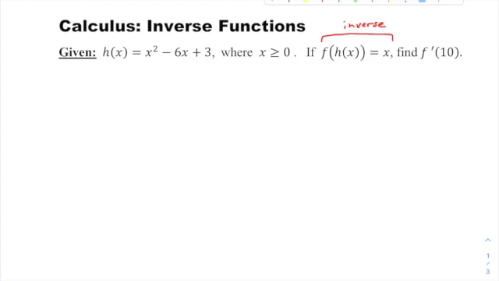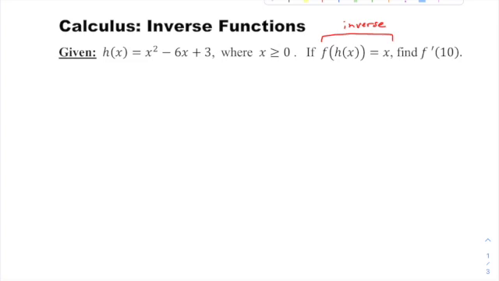The other thing is, well, what's the connection between derivatives of inverses? I'm looking for f's derivative at 10, and now I know that f is the inverse of this function. Well, one thing you might remember is that on inverse functions, x and y are switched, right?